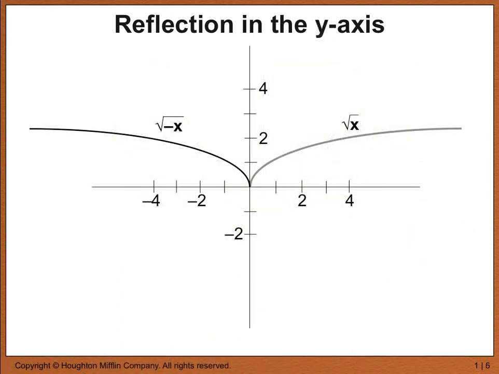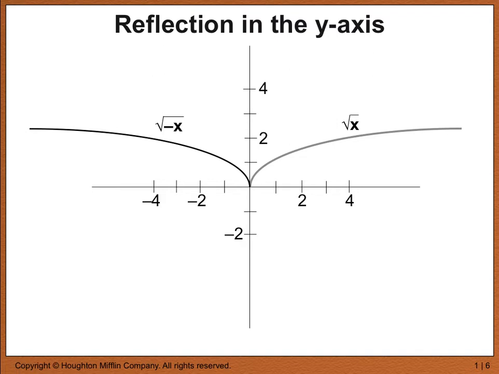Now, reflection in the y-axis is a little different. Okay, here I have my parent indicated in a gray curve, and that parent is root x. The child function here is root negative x. And so we have a reflection in the y-axis where the y-axis is acting like a mirror, and the child function is a mirror image of the parent function using that y-axis as a mirror.